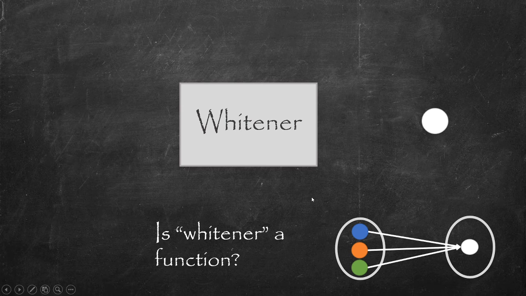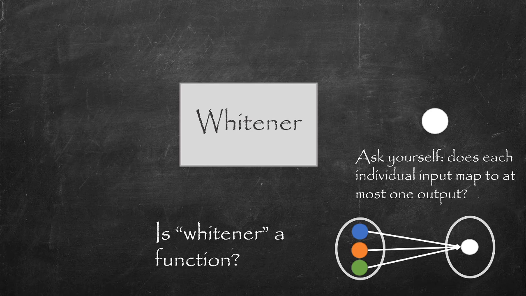Is Whitener a function? And to answer this, you need to answer the more specific question, which is, does each individual input map to at most one output? So you need to individually think about the blue ball, the orange ball, the green ball, and think whether each of them maps to at most one output.